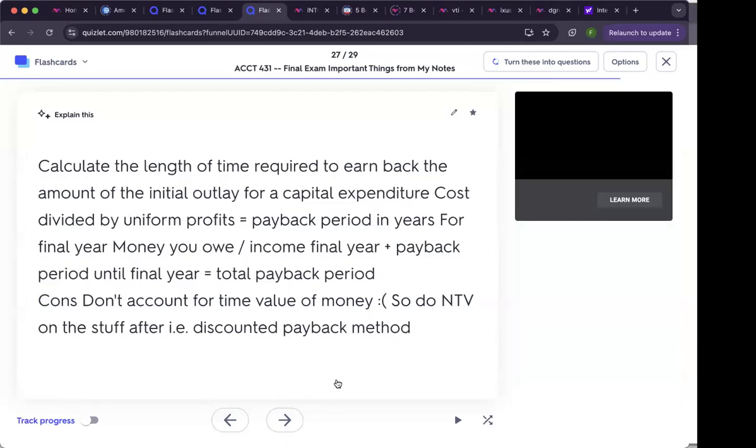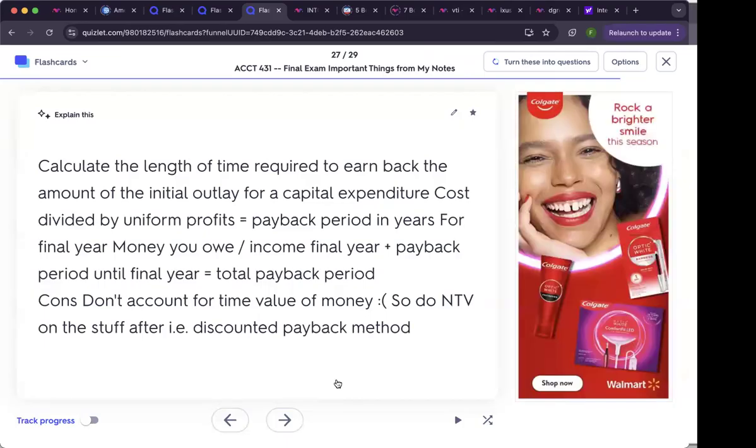Let's say you break even at some point between years 3 and 4. You have 3, and then for that final quote unquote year, you do the last bit of money you owe divided by the income of year 4. That tells you how much of that in-between year it took to break even. And then you add that 3 back in, so you get your total payback period.